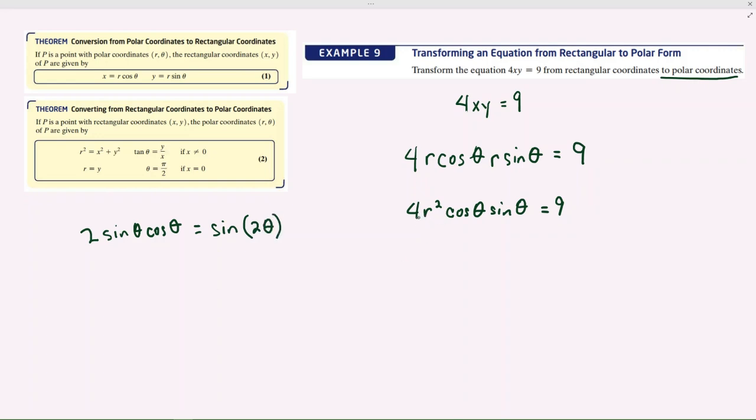So we can take this 4 and split it into a 2 times 2, right? I can take a 2r squared and then multiply that by 2 sine theta cosine theta. I'll just reverse the order of these factors.